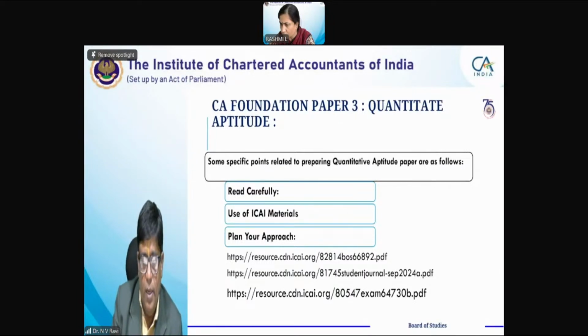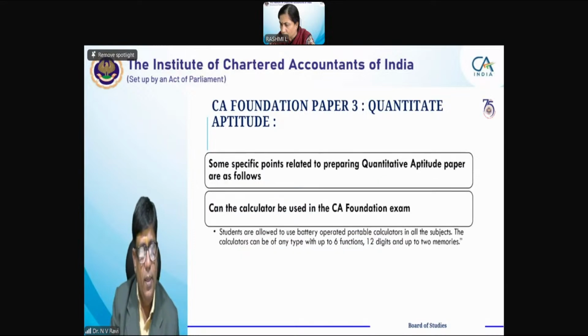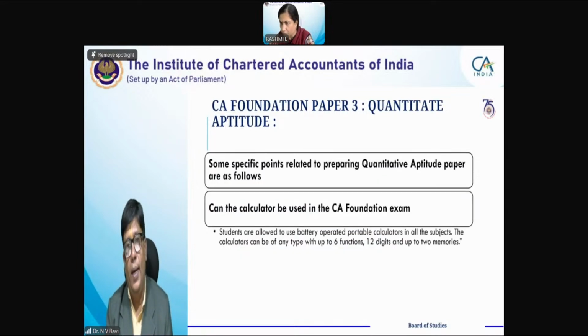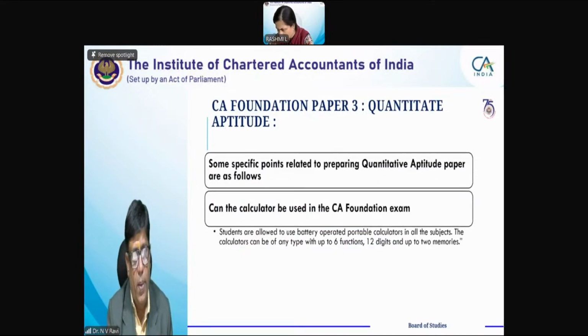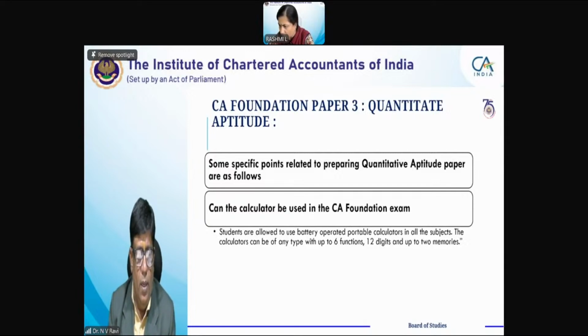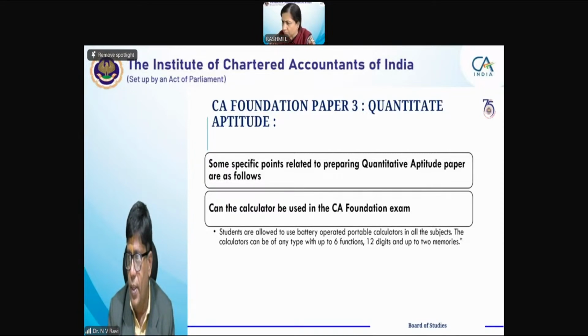Okay, now I can move to the other slide, some other specific guidelines about the paper. Many students may ask whether calculators are allowed in the examination or not.